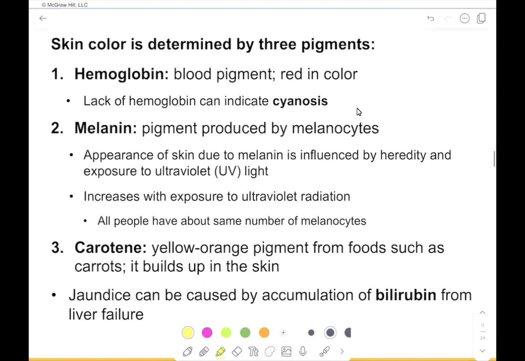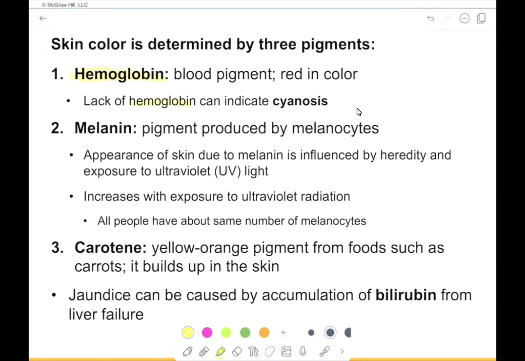There are different skin colors, as we know, and the reason for that would be due to things like hemoglobin. Hemoglobin is the protein found in red blood cells. If we suddenly blush, that's because blood has rushed to the superficial capillaries and the dermal papillae.